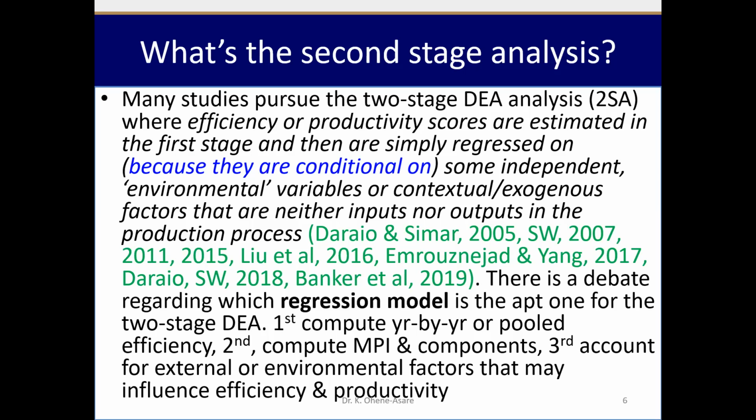You estimate the scores for each one of them. Then you take all the variables in year 2001. Then you estimate the efficiency score for that. Then you take all the variables, both input and output variables in 2002. Then you put it into the system and then you estimate efficiency scores. These are year by year efficiency scores.